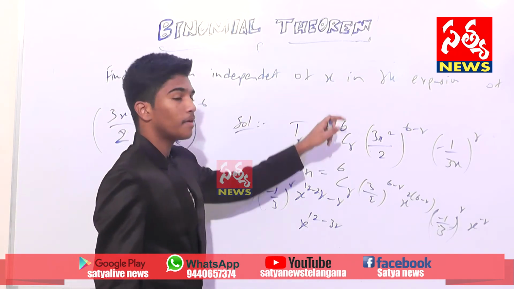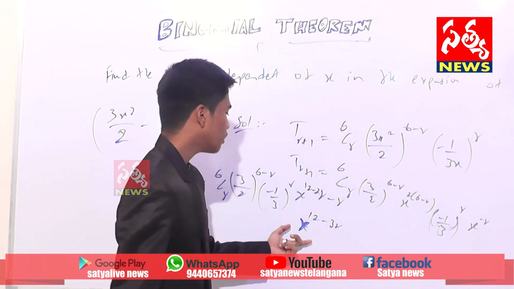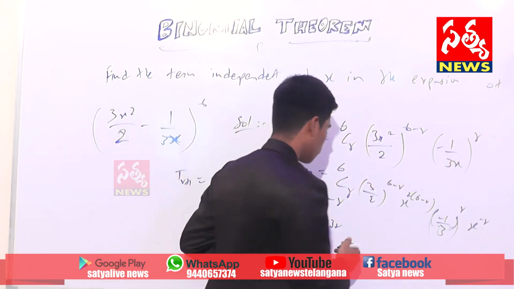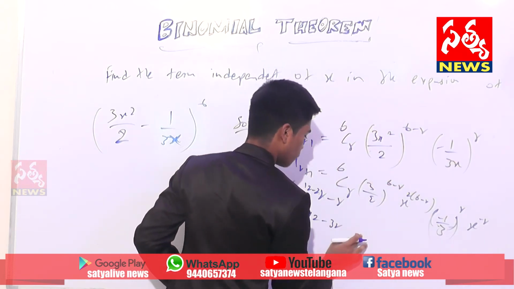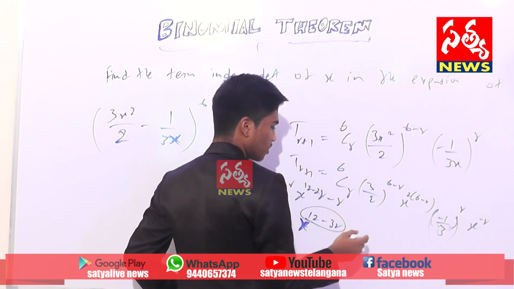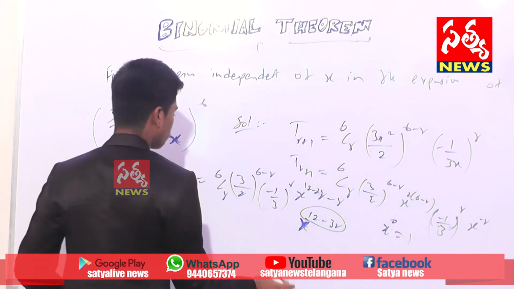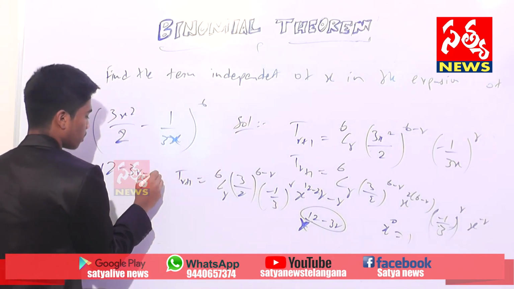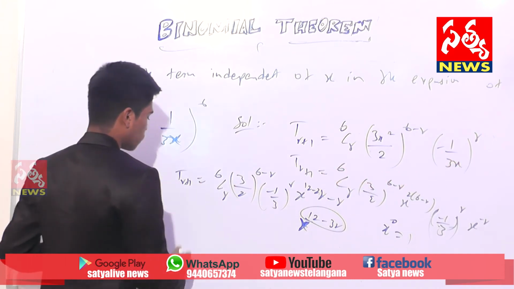We need the term independent of x, so there should not be any x term before the coefficient. So we have to make 12 minus 3r equal to 0 so that we get x power 0, which is 1. Equating 12 minus 3r to 0, 3r equals 12, r equals 4.